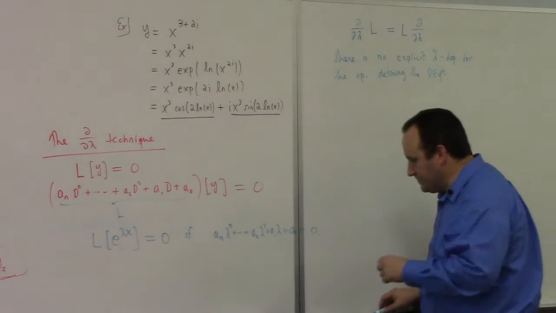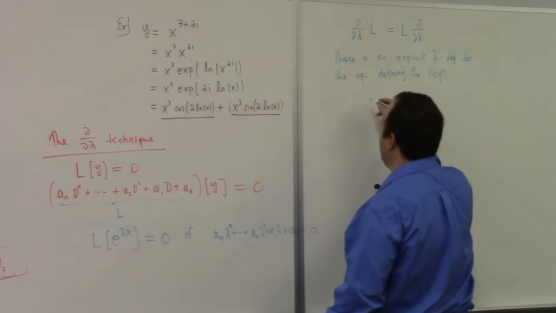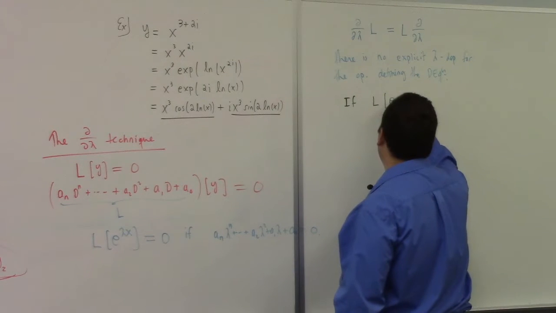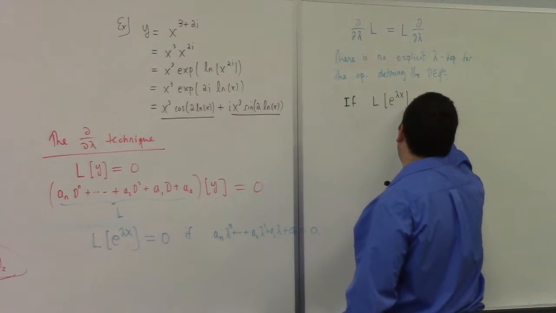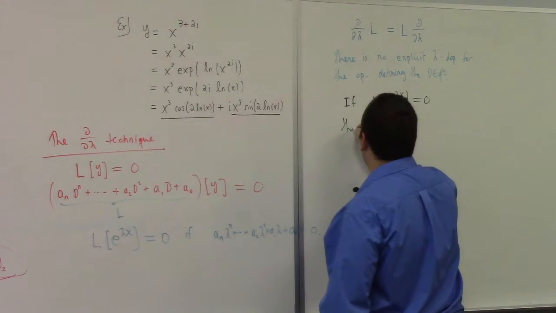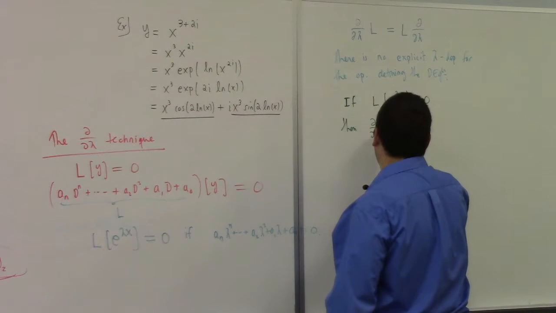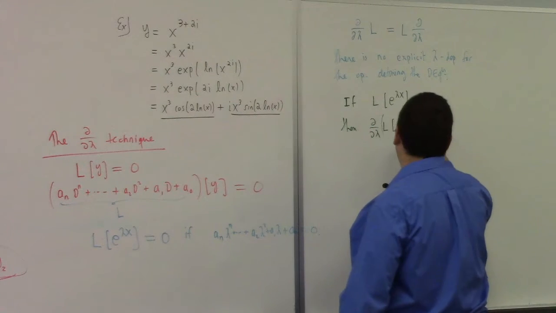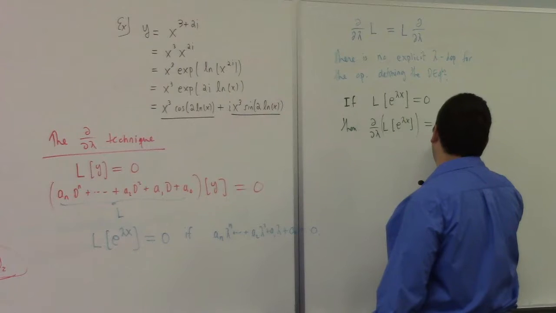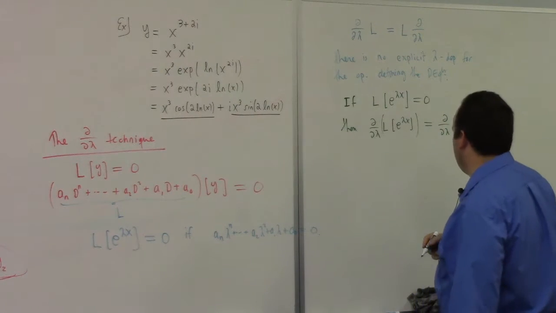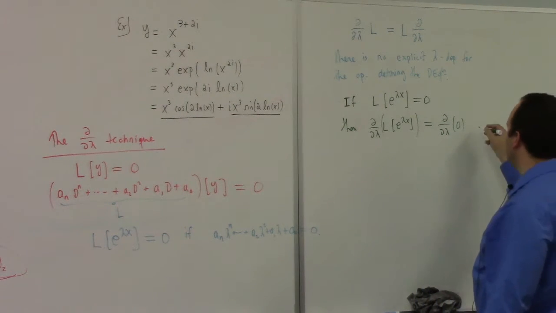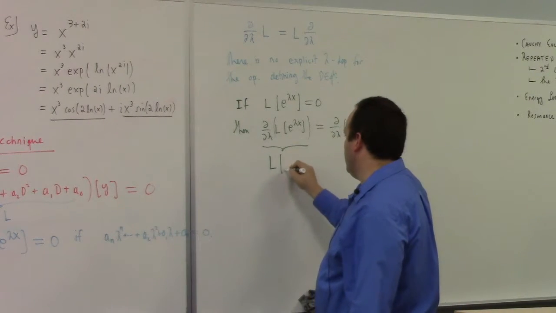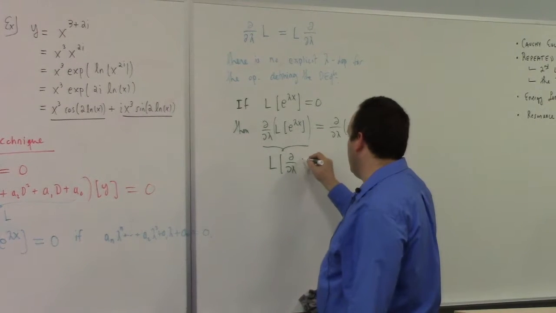Well, if I have L of e to the lambda x equals 0, then if you calculate partial lambda of L of e to the lambda x, that will be partial lambda of 0. But what's partial lambda of 0? Well, you know what partial lambda of 0 is. It's 0, right? But on the flip side here, this is L times partial lambda of e to the lambda x.